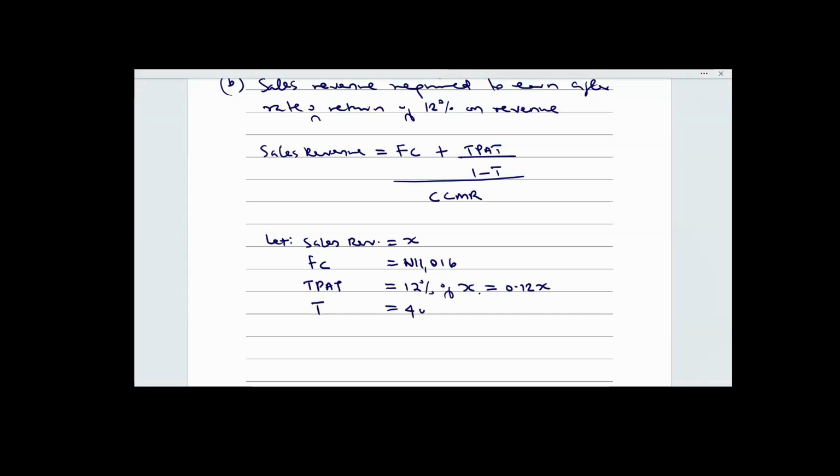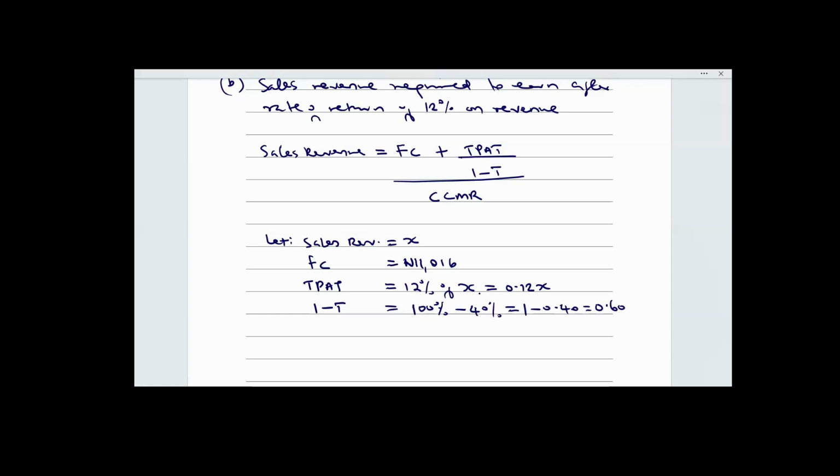So 1 minus tax is 100% minus 40%, which is 1 minus 0.40, equal to 0.60.